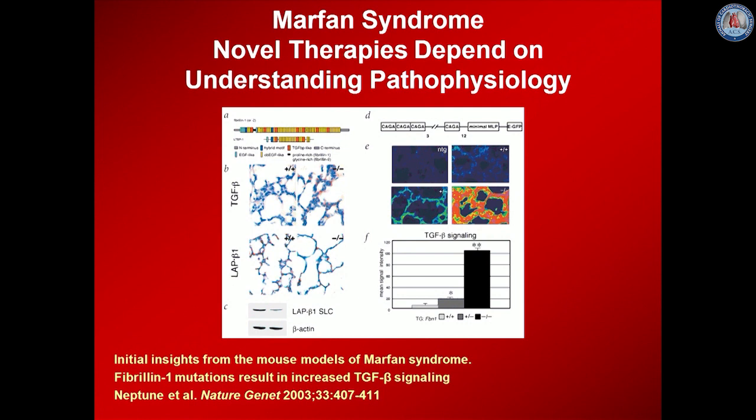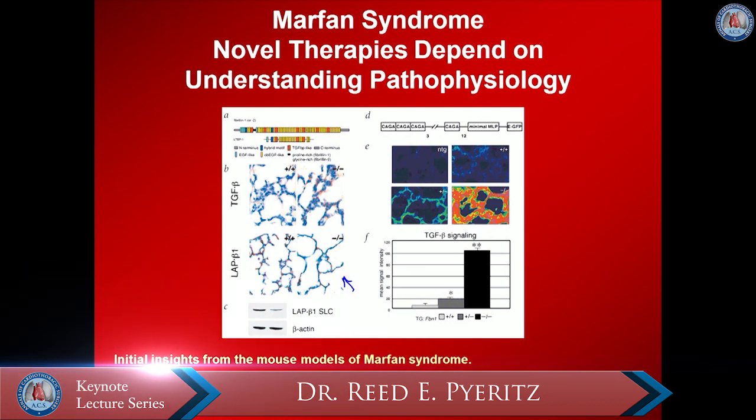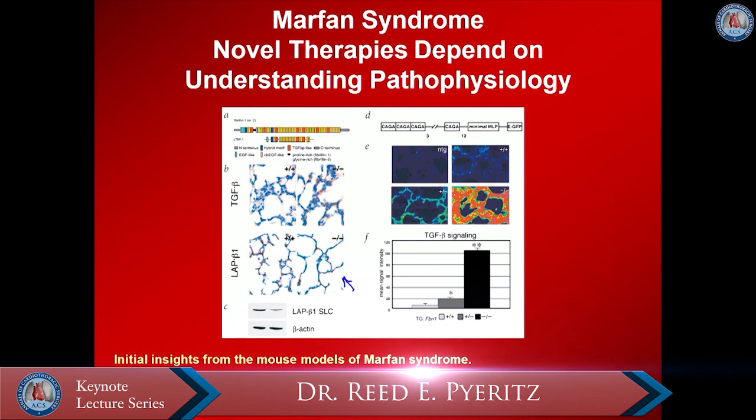And in this study by Enid Neptune in a mouse model of Marfan syndrome, you can see that the mouse with the severe form of Marfan syndrome had failure of development of the terminal alveoli in the lung. And as we know, spontaneous pneumothorax is a frequent occurrence in people with classic Marfan syndrome.